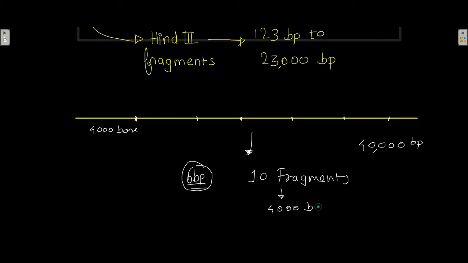So 4000 into 10, you will get 40,000. This is theory, but in actual practice it does not happen that way. That is what this discussion is all about. But you get an estimation, so that is the reason why this formula is also important. Thank you.